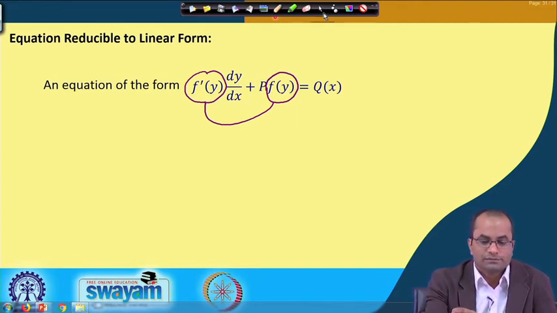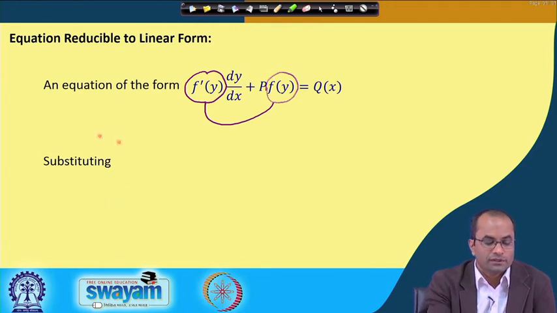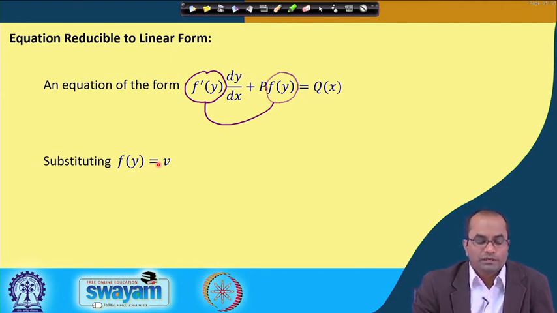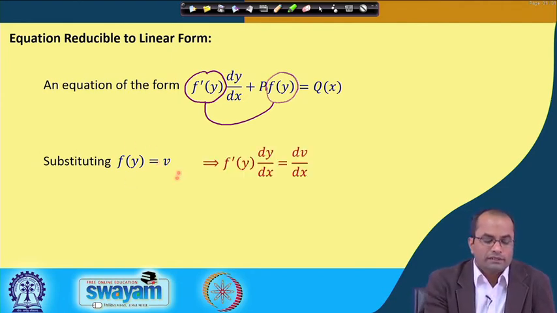And what is the substitution? If we substitute f of y equal to v, some variable name we have introduced here, and then differentiate this, we get f prime of y times dy over dx equal to dv over dx on the right hand side.